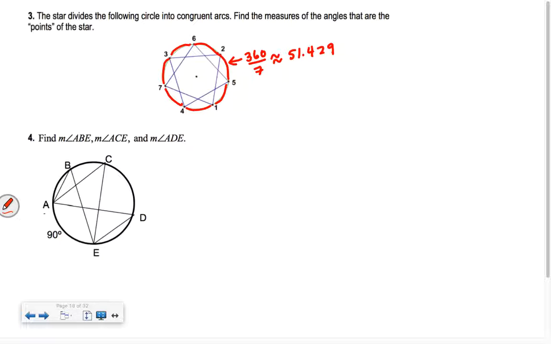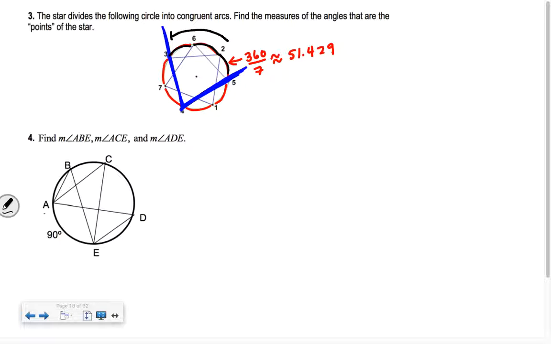So it says, well, what are the measures of the angles that are the points of the star? Well, let's look. The point of the star, so if I talk about angle 4, and I kind of extend it, how many of those arcs is the Pac-Man mouth eating? How many of those little red pieces? 1, 2, 3 of them, right?